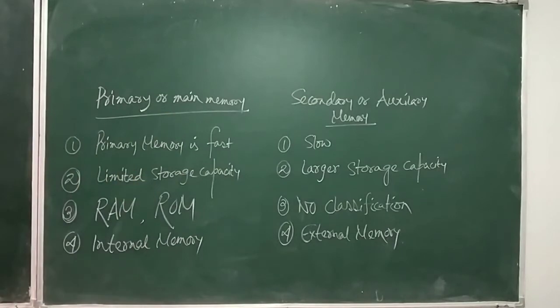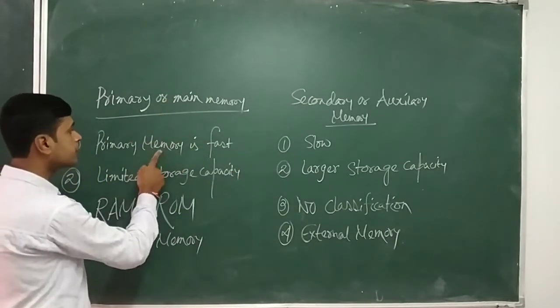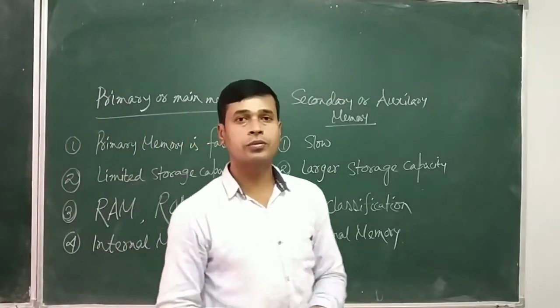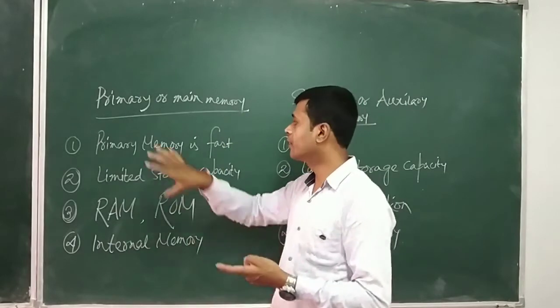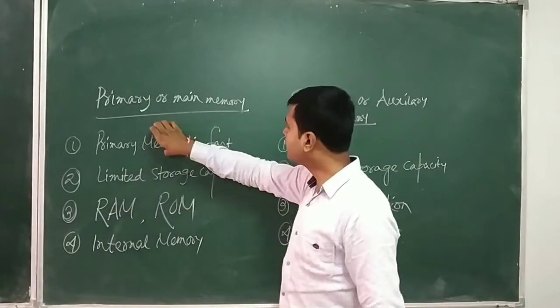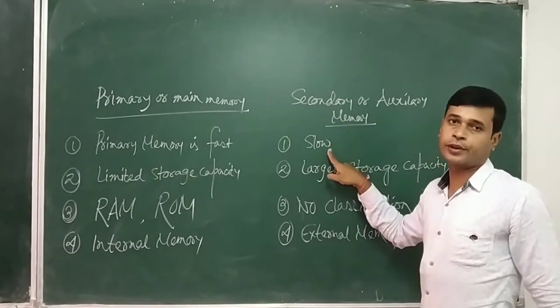So first, number one, primary memory is fast memory. Why? Because it is directly connected with the CPU. Since it is directly attached to the CPU, the primary memory is fast, whereas secondary memory is slow.